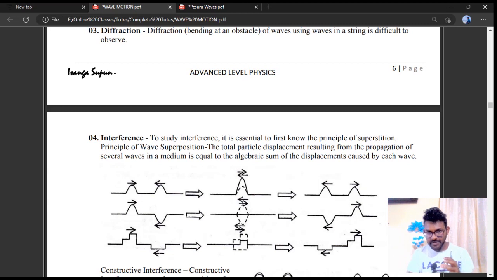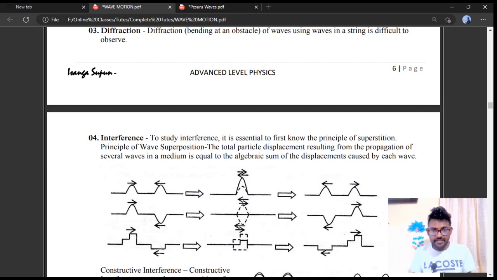So the interference is where we can combine or join two waves, and we can impose them, or we can add them or subtract them, right? Basically we can have an equivalent wave when you have two or more waves.